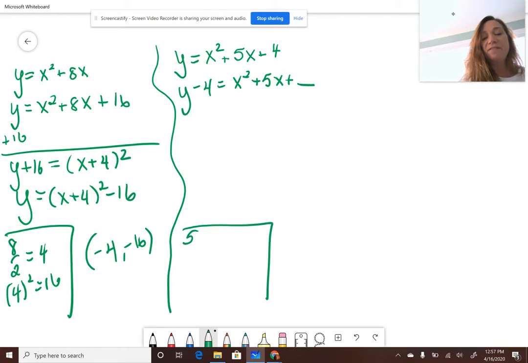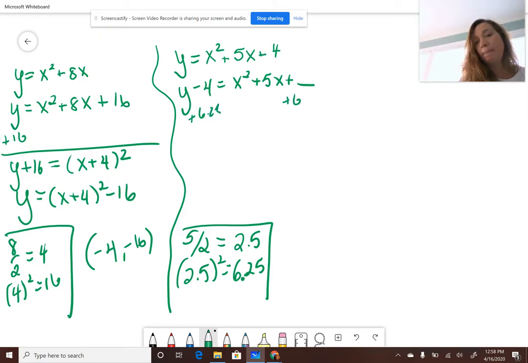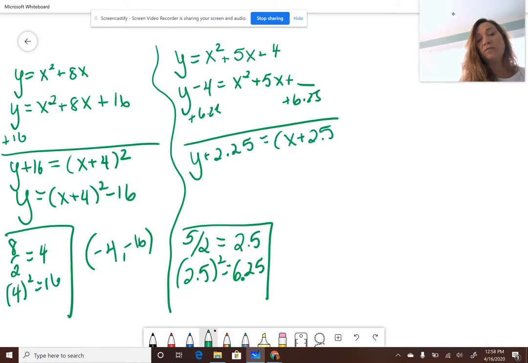So half of 5 is 2.5. 2.5 squared is 6.25. All right, so I'm adding the 6.25 to both sides. So that gives me y plus 2.25 equals x plus 2.5 squared.